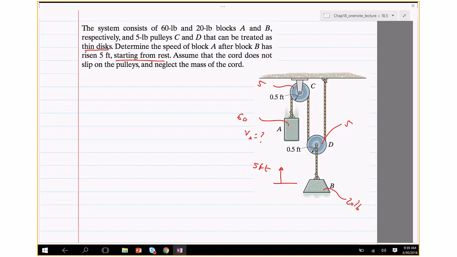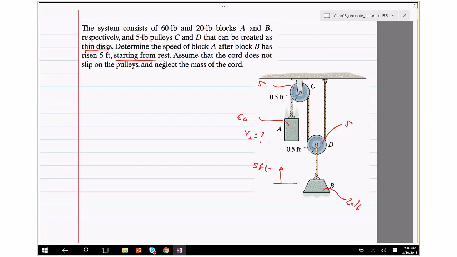You could also do it the following way. You could draw a free body diagram, find tensions, relate the accelerations of B to A, right? And you see that the acceleration actually is constant, which means that you can use the formula for constant acceleration, v squared equals v0 squared plus 2ax. So you could do it that way too.